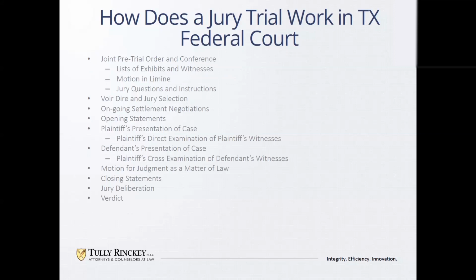The pretrial conference will also discuss what evidence should be excluded from the jury to hear. Those are motions that either party could file, called motions in limine. Those are requesting that certain information or exhibits or testimony shouldn't be allowed to be heard by the jury.